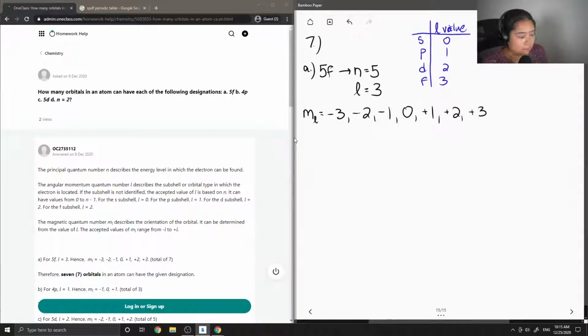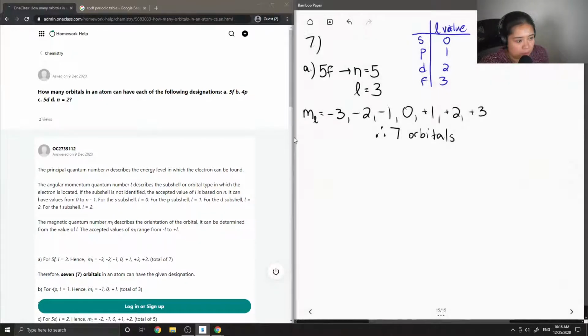Okay, so since we have all these different orbitals, if we count it all out, then therefore there is 7. So 7 orbitals in an atom that has a 5F designation.